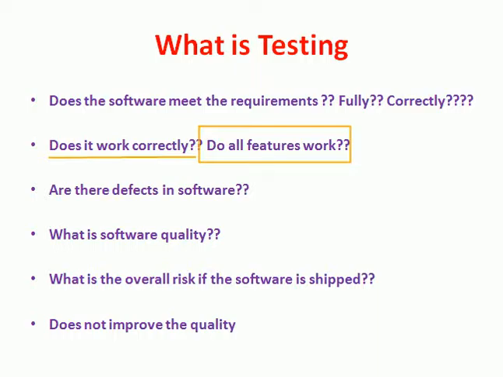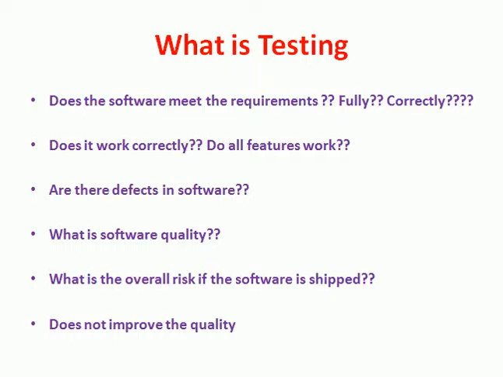We have to test for each and every requirement, make sure that each requirement is implemented fully and correctly in the software. And we also have to find out whether the software is working correctly and all the features are working correctly. One of the important byproducts of testing is the defects.